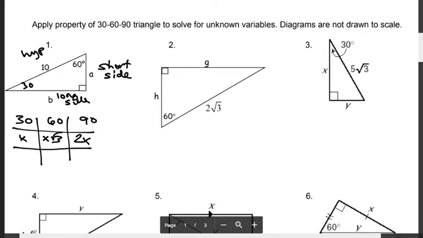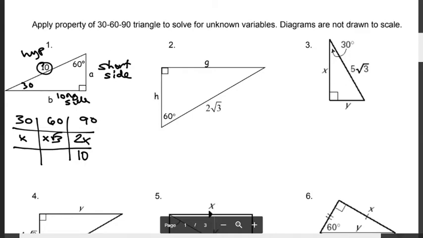So I need to take a look at what I have. In each case, they're going to give me one number. In this case, they give me the hypotenuse. So my hypotenuse, which is across my 90 degrees right here, is 10. One thing you're going to notice is that it's easiest to go through our x. Everything goes through this short side because we can get to the x a lot easier. Going from 2x to x radical 3 is possible, but it's easier to go from 2x to x.